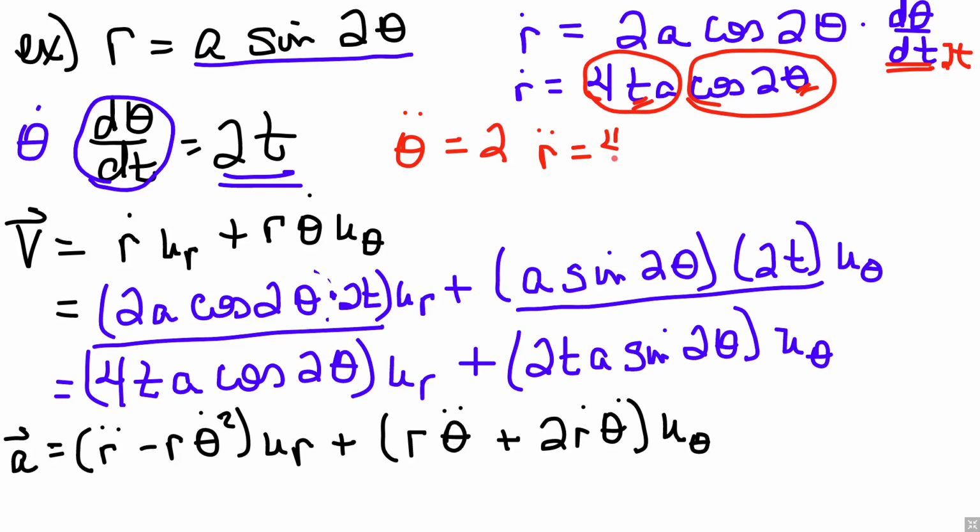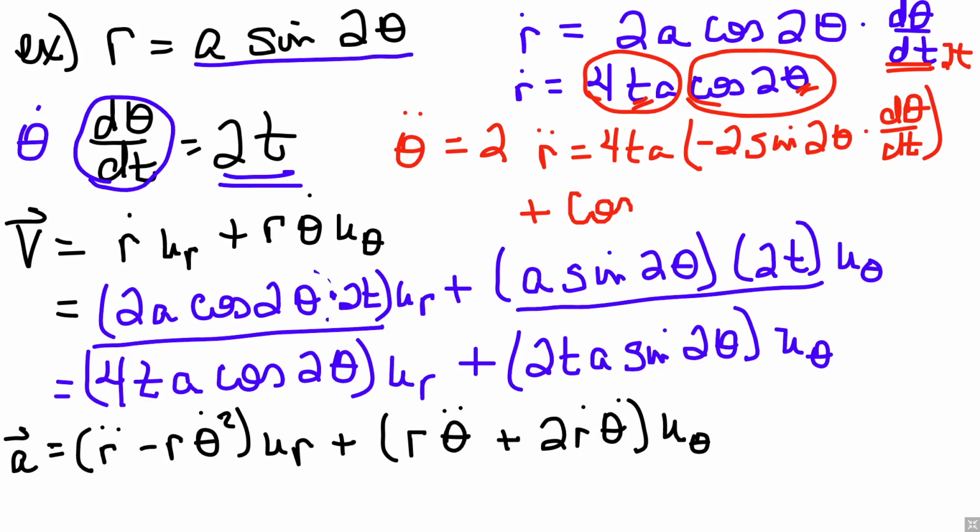The first times the derivative of the second is going to be negative 2 sine of 2 theta times d theta dt, chain rule, plus the second times the derivative of the first. Keep in mind that I am taking the derivative with respect to time, so the derivative of the first is just 4a. Any questions there?